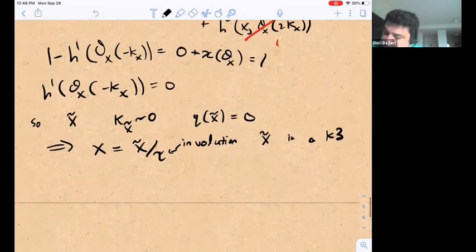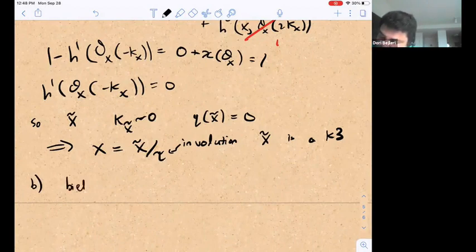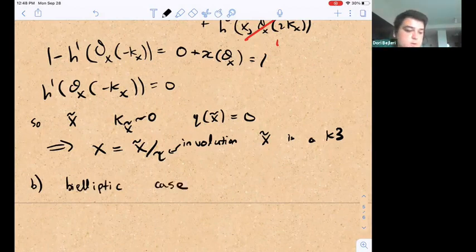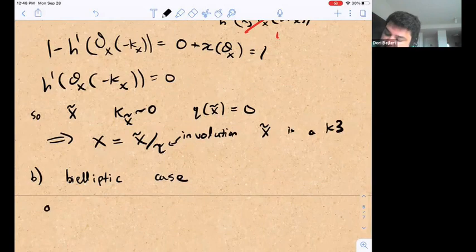Then we have the bielliptic case. So here, what do we want to show? Okay, so again, we want to compute the irregularity.